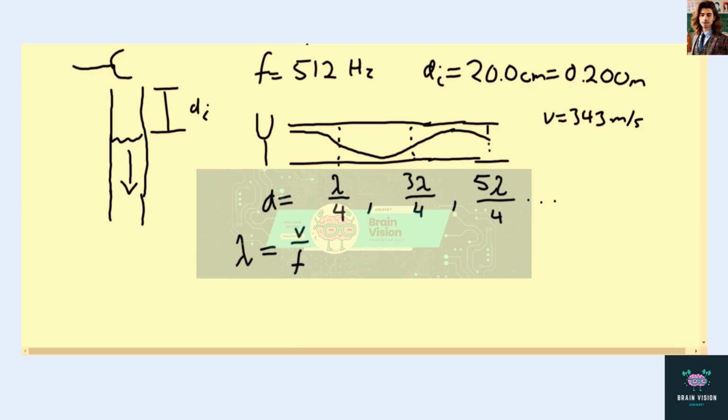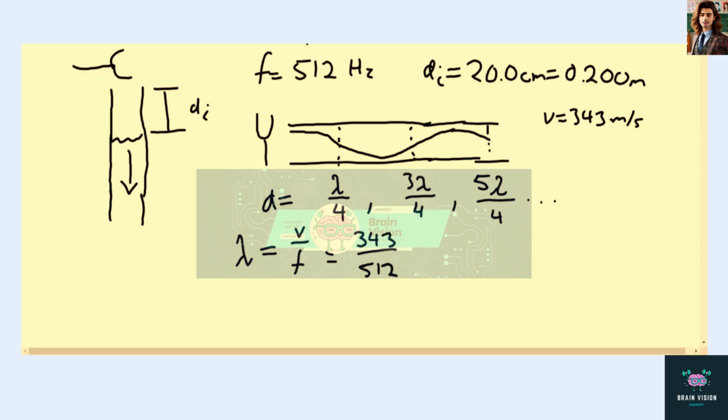So first of all, we need to calculate the wavelength of this wave. The wavelength is going to be equal to v divided by f. That, of course, comes from the wave equation v equals lambda f, just rearranged with some algebra. So we can plug in 343 divided by 512.